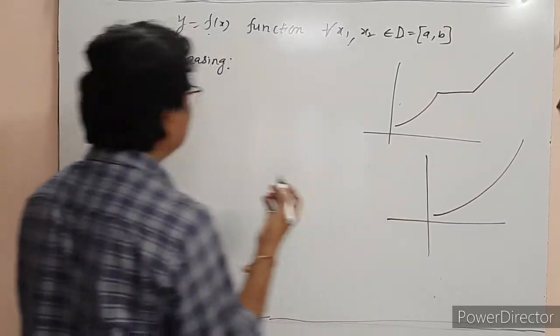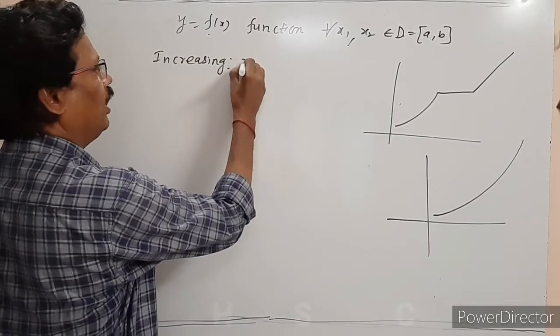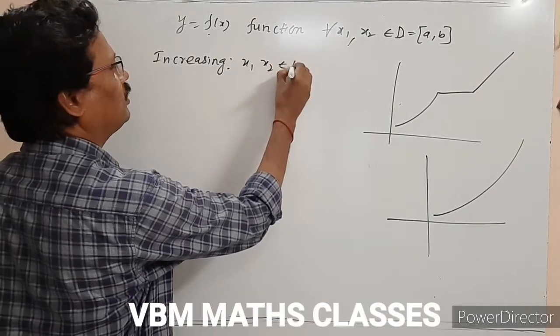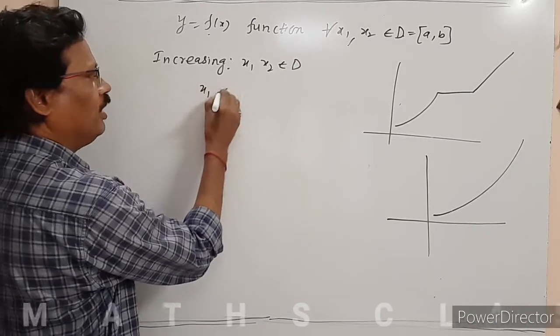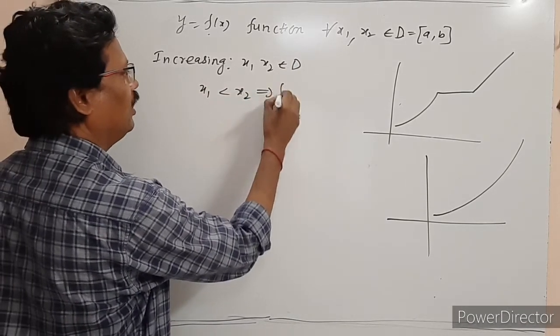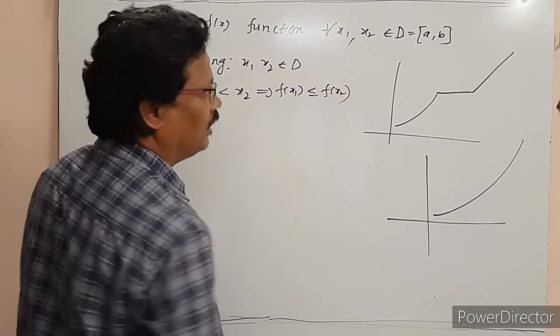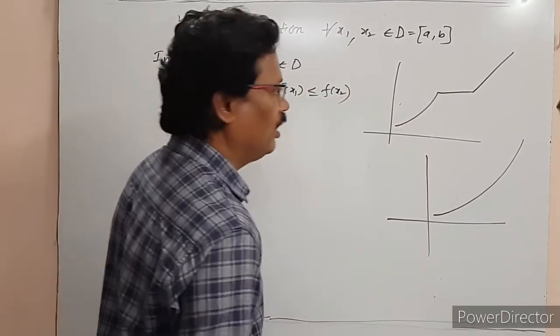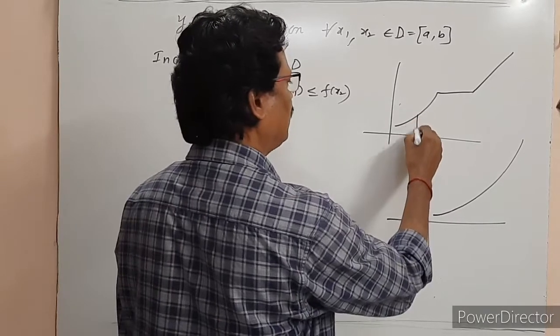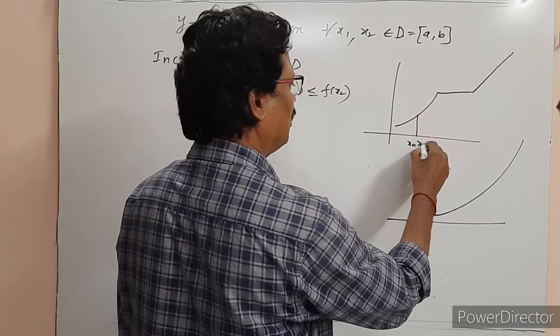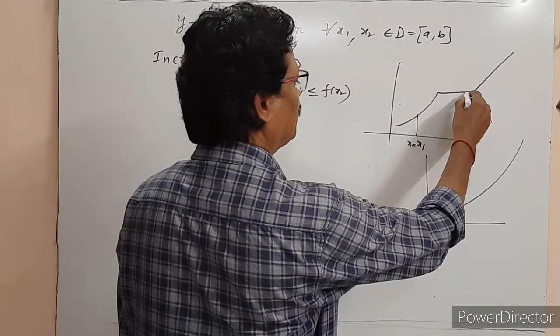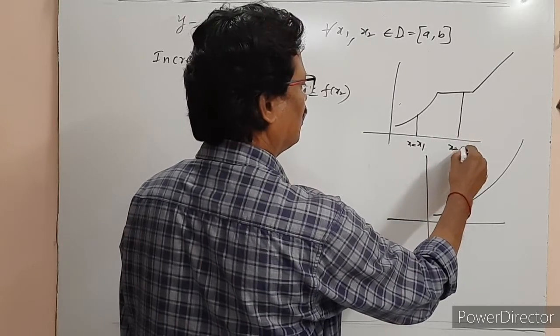Now for increasing, let us see: x1, x2 belong to the domain, x1 less than x2 implies f(x1) less than or equal to f(x2), then that function is increasing. Here I am taking x1, here I am taking x2.